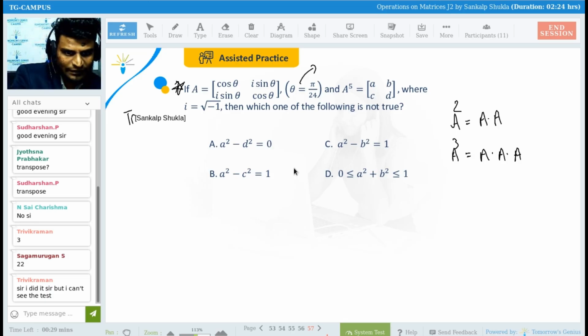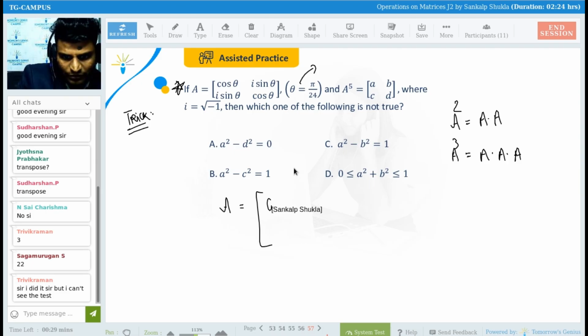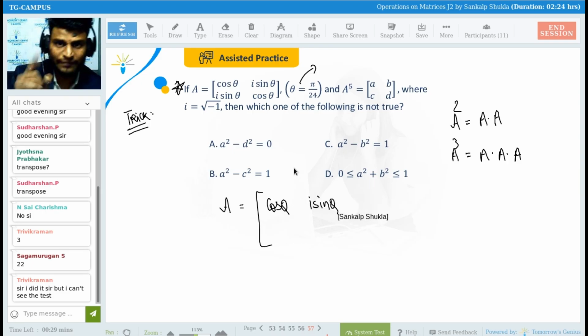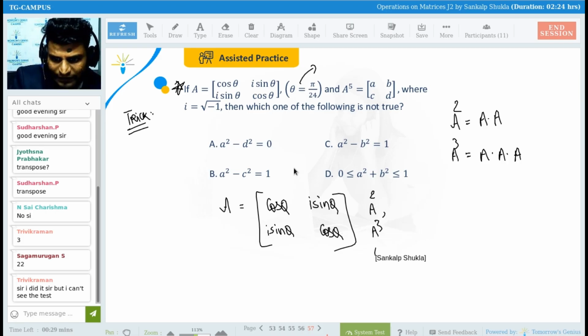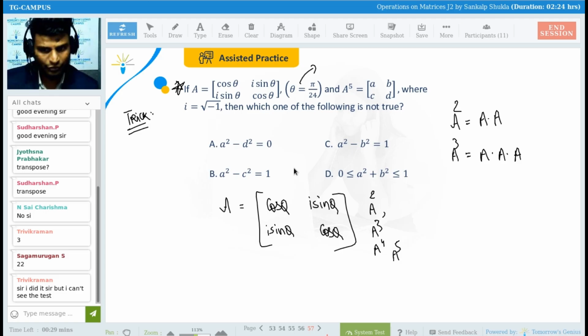So this is a trick that I would like to share with all of you. If A is [cos theta, i sin theta; i sin theta, cos theta], only for this matrix I'm telling you, then A square, A cube, A4 and A5 can be directly written as follows, okay?